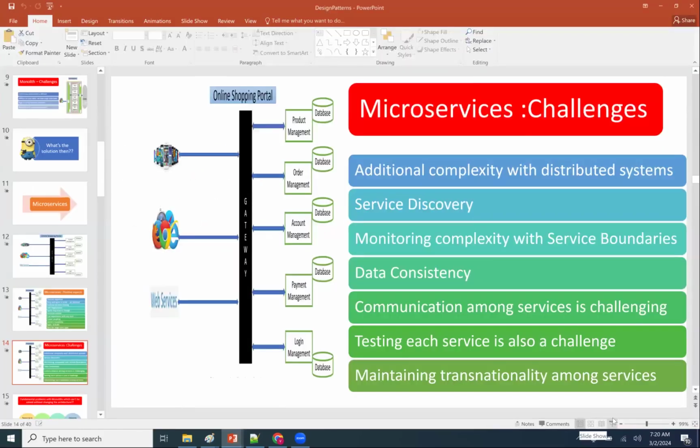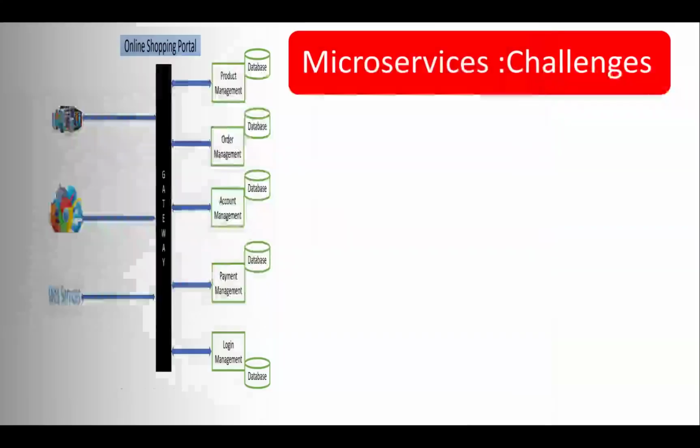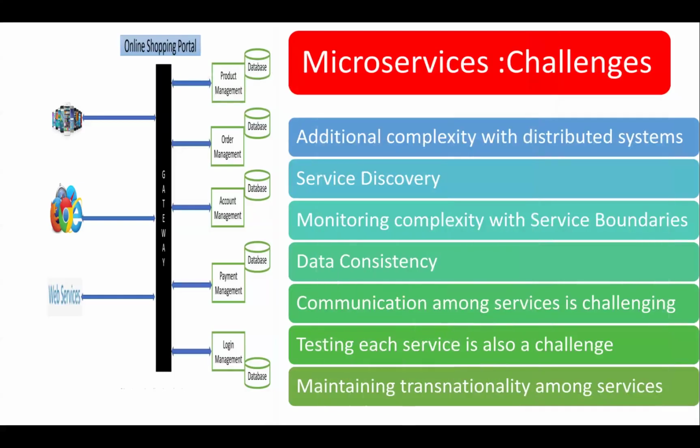So the next point is communication among the services is also a challenge. Because we are services, we need to communicate, right? Service 1 needs to communicate with service 2, service 2 with service 3, service 3 with service 4. Why do we feel that communication is a challenge here?